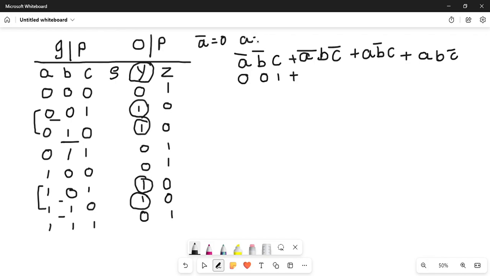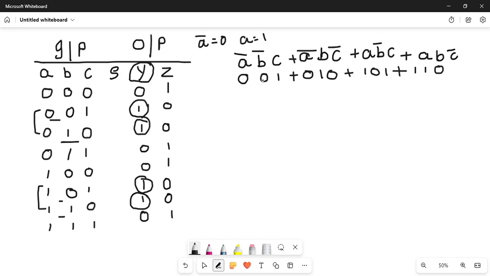According to the truth table we have derived, from that we are going to write it in terms of numericals, right? So plus 1, 0, 1, plus 1, 1, 0, right? This is one important thing.